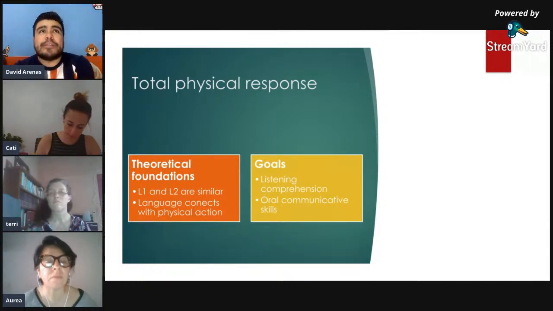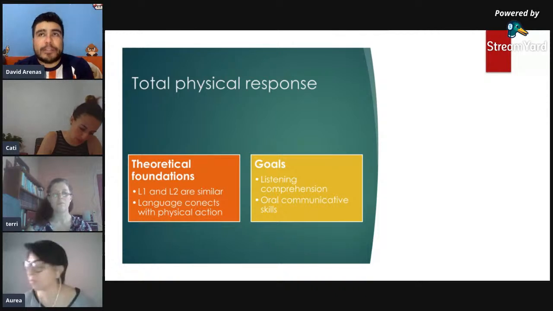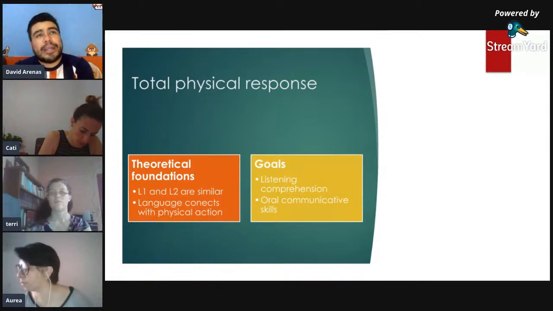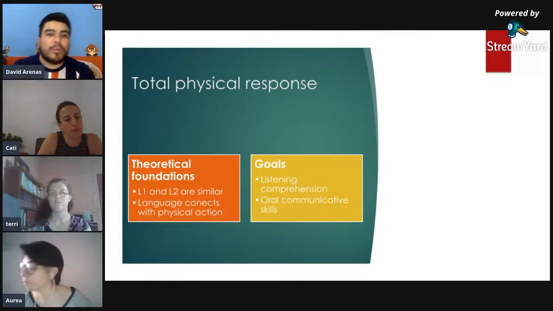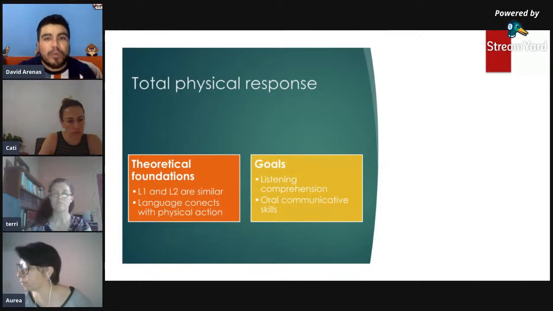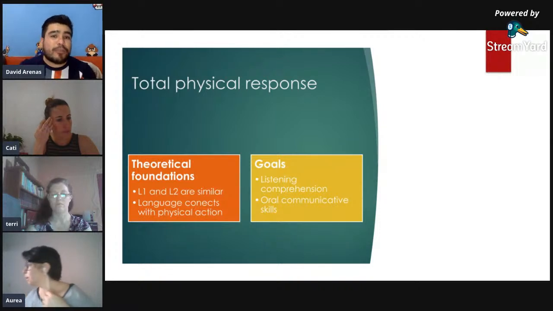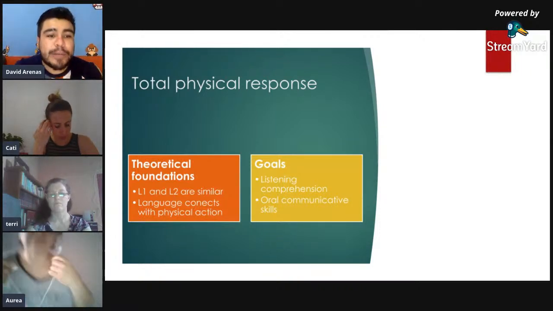So the construction of a new language for students was similar to how they learned the first language, the mother tongue, right? You know, when a kid is learning a language, you point at different objects, you make the movements. Kids also move a lot when they're very little because that's the way they represent the language, right?